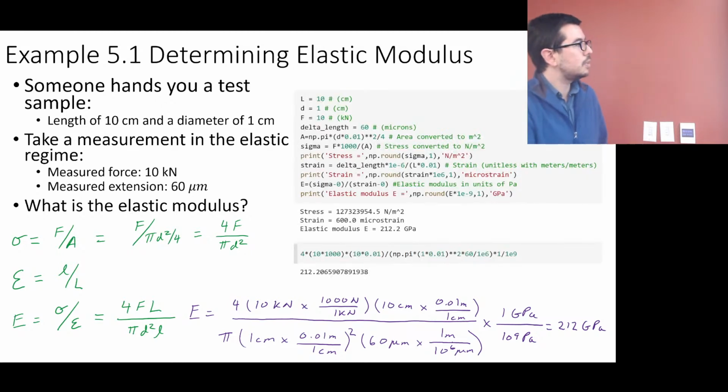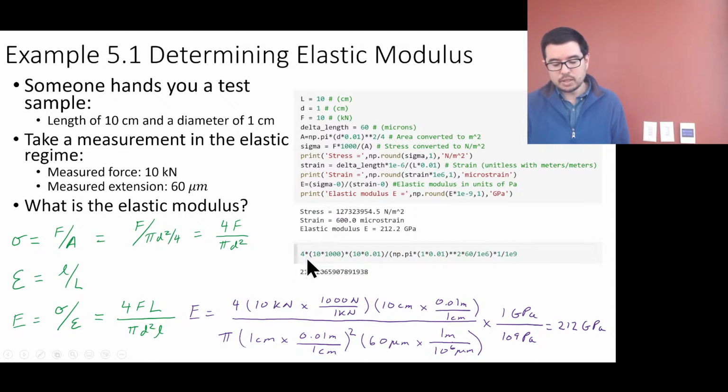And if you want, you can look at the IPython code that's included with this session, and you get that result. So what I did first, this is like code speak, right? I'm first going to calculate sigma, calculate strain, and then I'm just going to do sigma divided by strain, right?